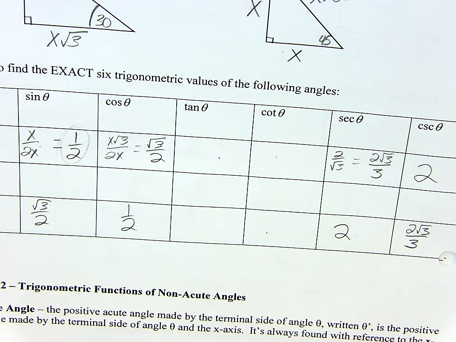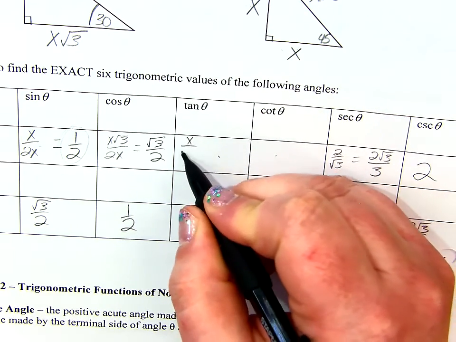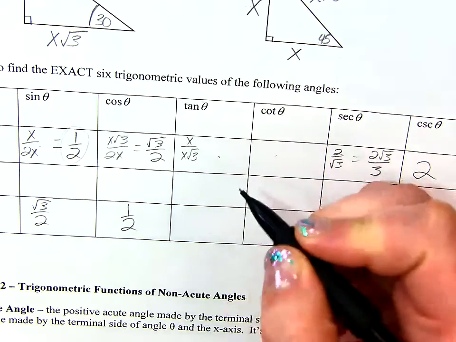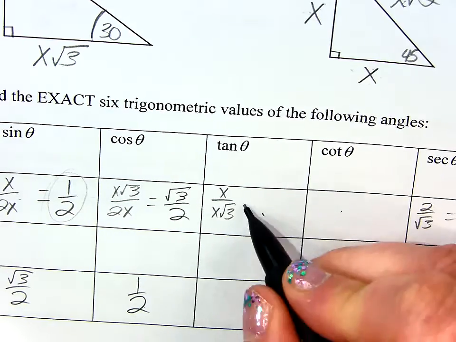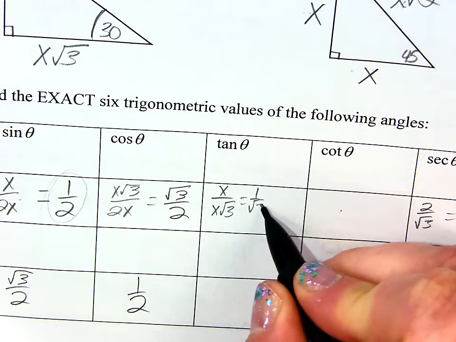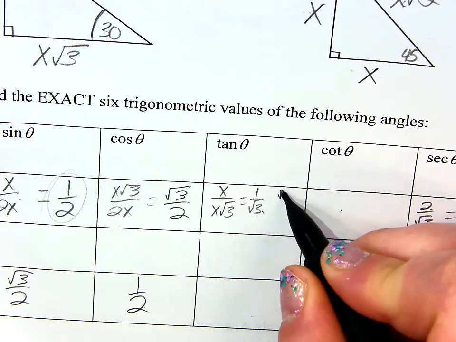Okay, tangent of 30 would be opposite over adjacent. So that would be x over x root 3. Which, if I cancel out those x's, gets me 1 over root 3. But of course I can't leave it like that. Wouldn't that be root 3 over 3?